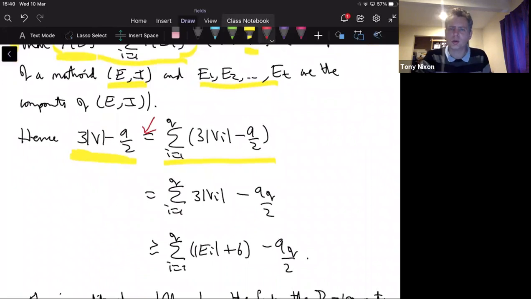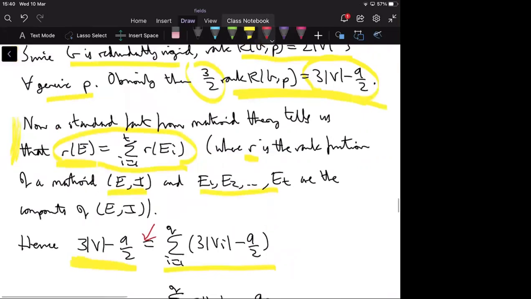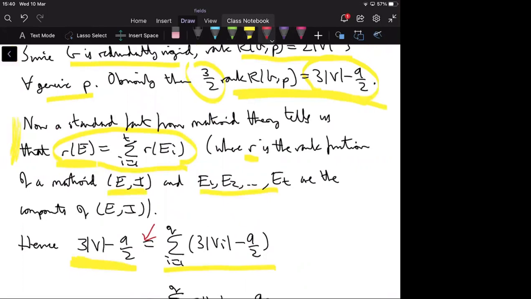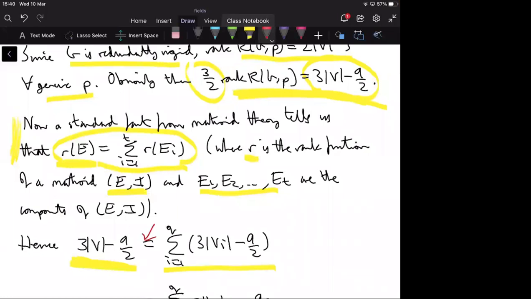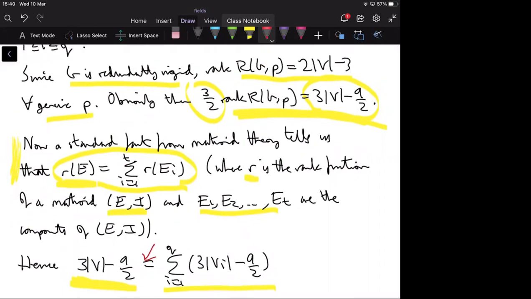Why is this equality true? Is this the rank function in the rigidity matroid? Are we applying the rank function in the rigidity matroid? Yeah. So that would be the rank of the generic rigidity matrix, which is 3v minus 9 over 2.